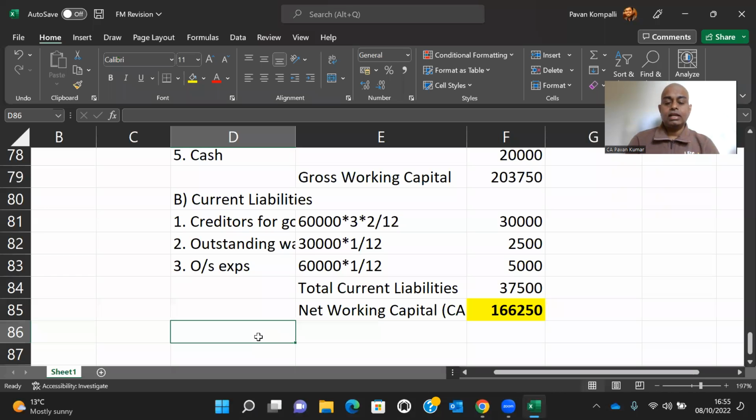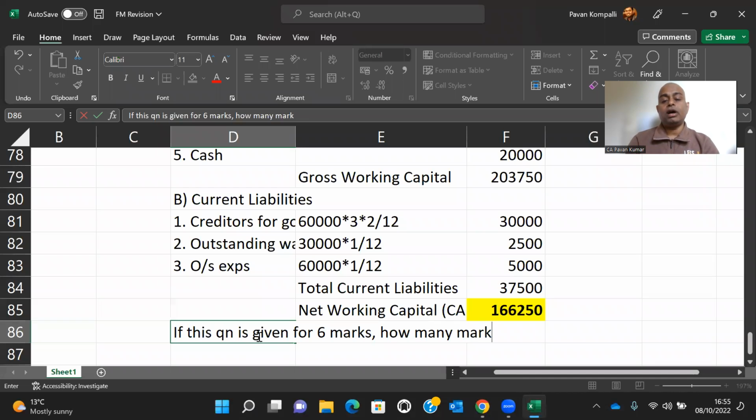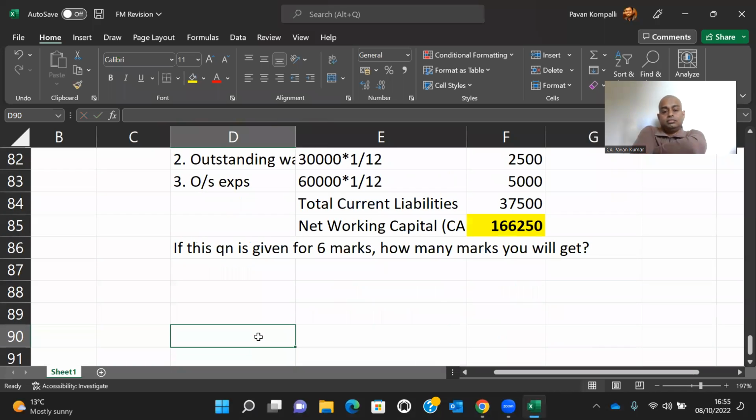Correct answer. Now, public poll, general knowledge question. If this question is given for 6 marks, how many marks you will get? Six out of 6. Excellent.